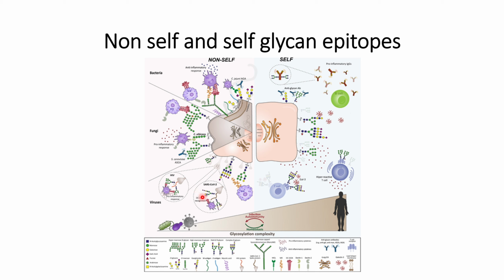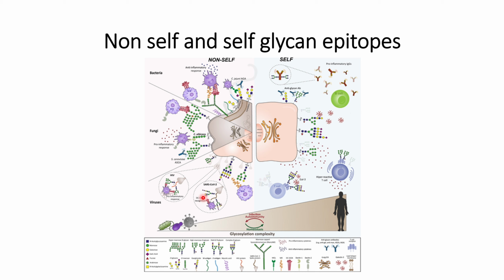The glycans present on the spike region are more prone to detection by the immune system of the host. In this case, the example shown is that DC-SIGN can recognize the SARS-CoV-2 glycan structures, and in the case of HIV, the glycan structures on the spike proteins are detected by dendritic cells, which generate a pro-inflammatory response. These are some of the examples shown here in the case of viruses.